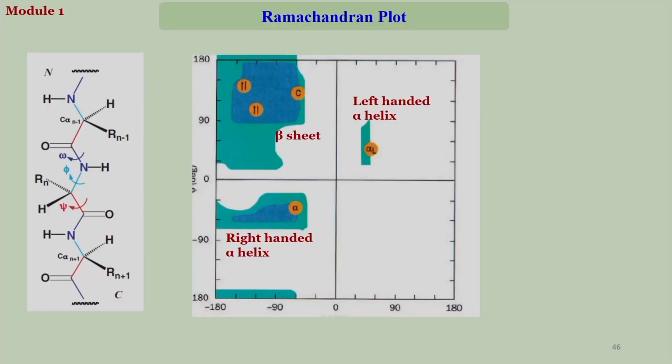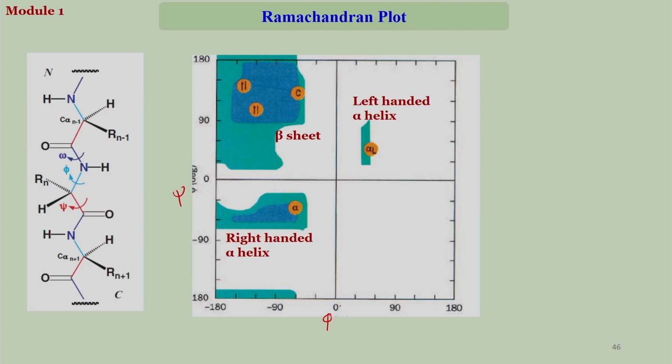This is a general plot for the Ramachandran plot. If I take an example of a peptide, the same example I have taken, then you will see these are the allowed regions. All the colored regions are the allowed regions. So, for example, if you have phi and psi, this is phi and this is psi.